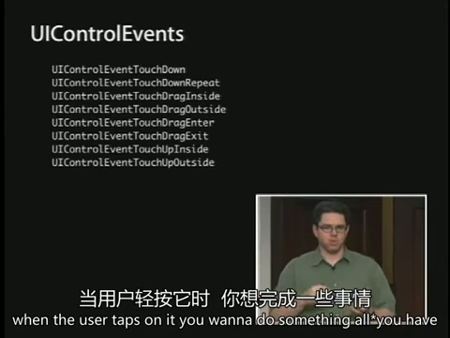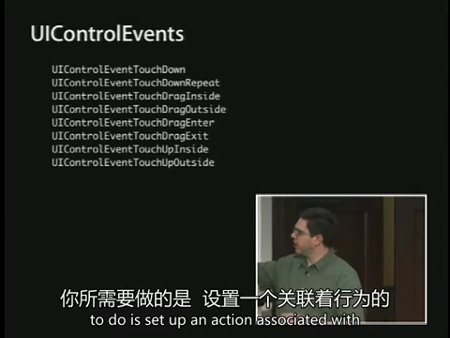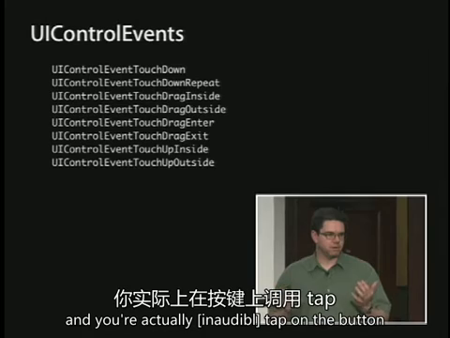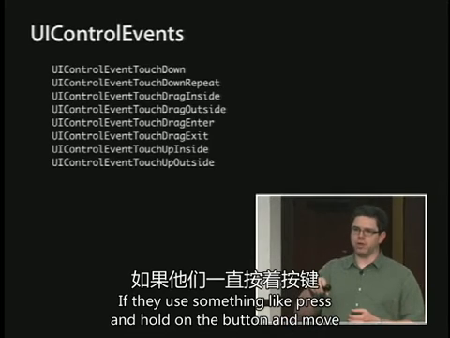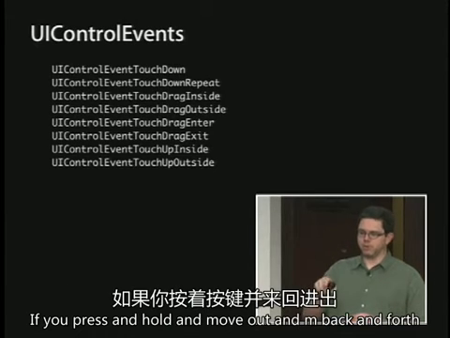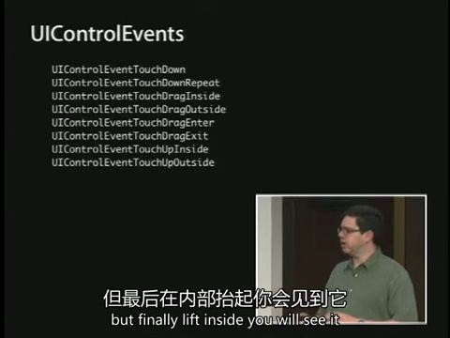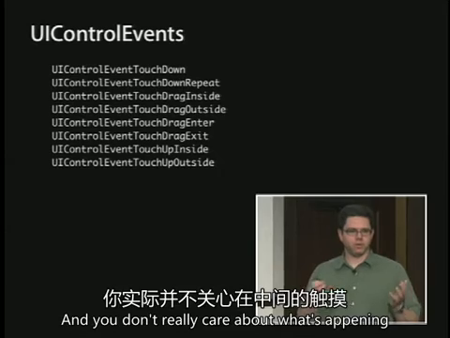When the user taps on it, you want to do something. All you have to do is set up an action associated with the touch up inside control event, and your action will get called when they tap on the button. If they press and hold on the button and move out and lift, you won't see anything. If you press and hold and move out and in, back and forth, but finally lift inside, you will see it. And you don't really care about what's happening with the touch in the middle.